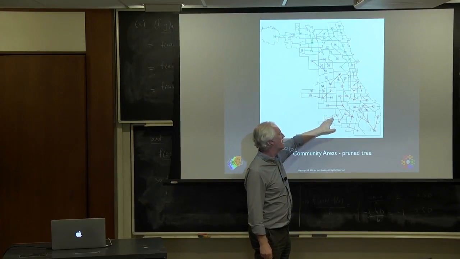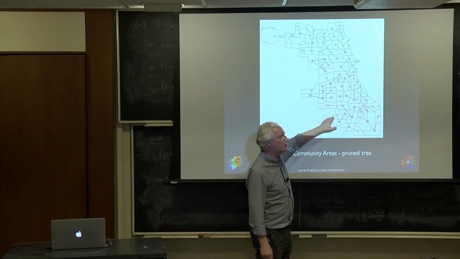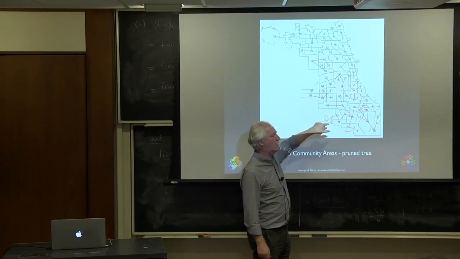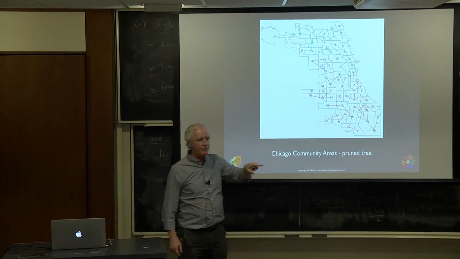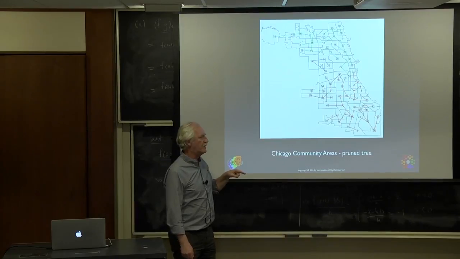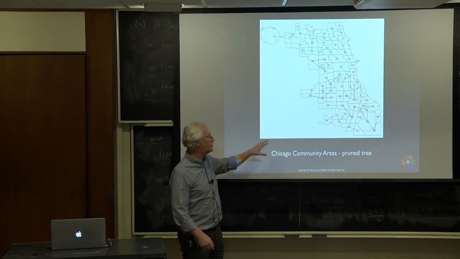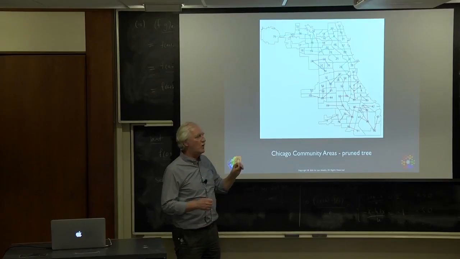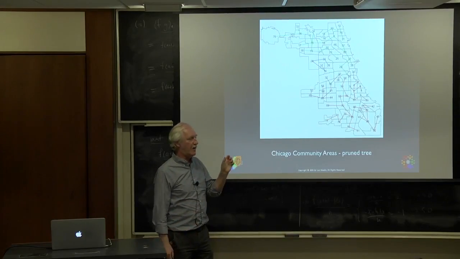And so you want these to be as small as possible. In the original geometric problem, you want to travel the shortest overall distance. Here you want to have the shortest overall sum of pairwise dissimilarities.